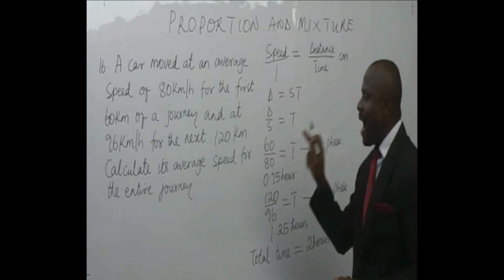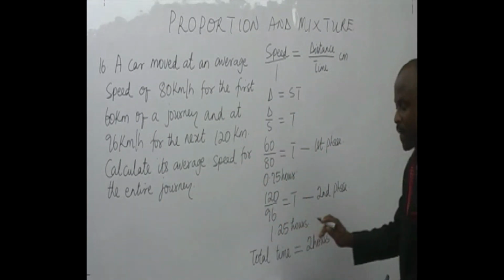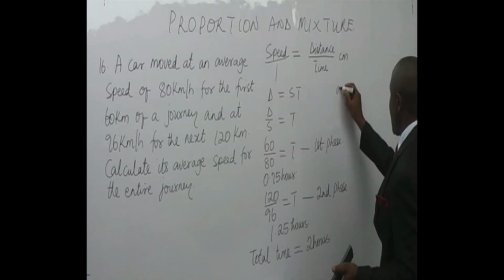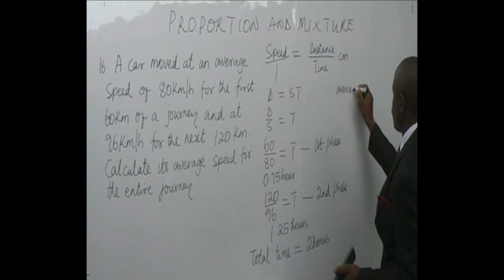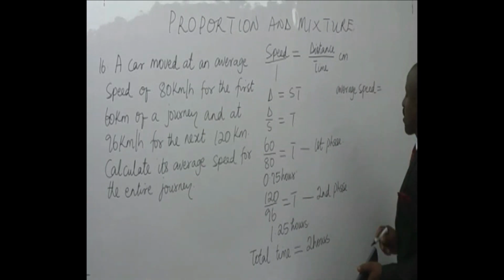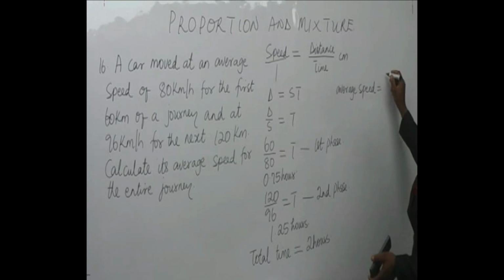Now, the average speed for the entire journey, the question is asking for. Average speed is calculated from total distance divided by total time.